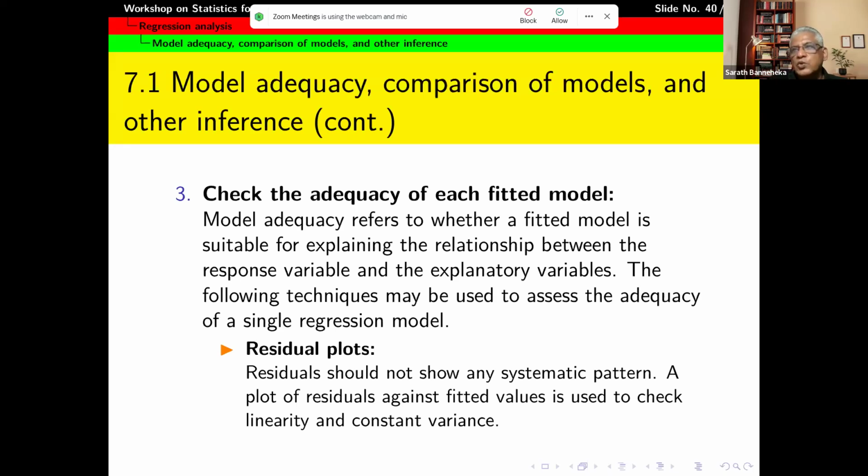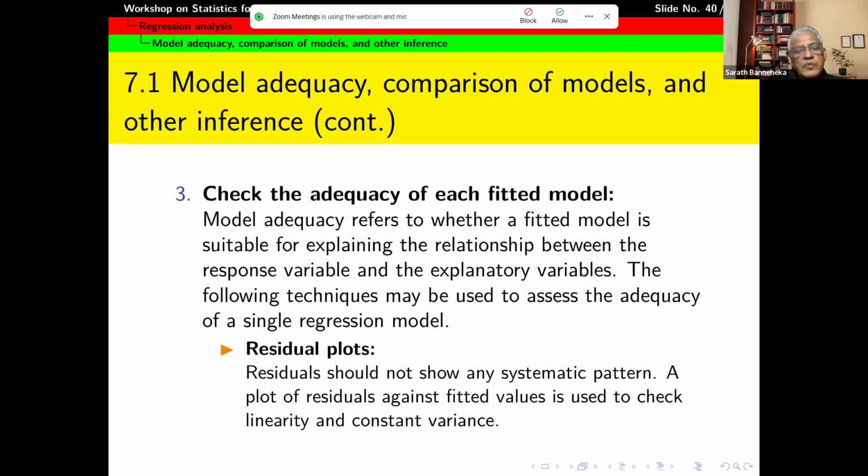So therefore, the model that you have already fitted is not adequate. You can further improve it. So in order to check whether the model can be further improved by adding several other terms, like square terms and so on, to see whether that is possible, residual plots are useful.